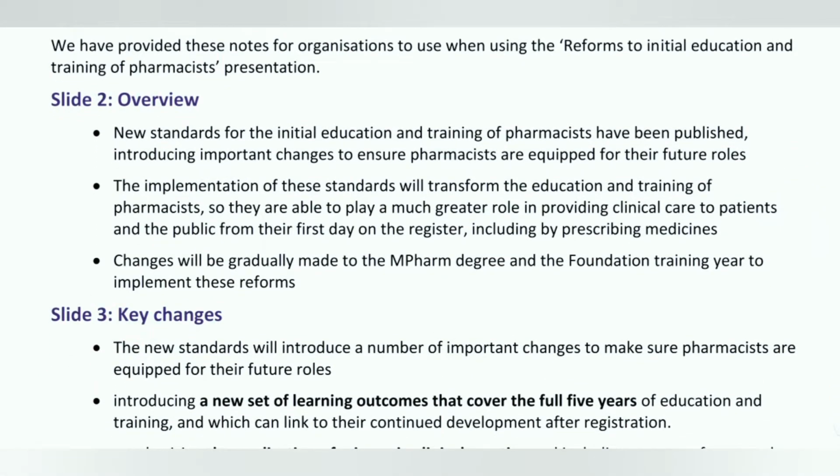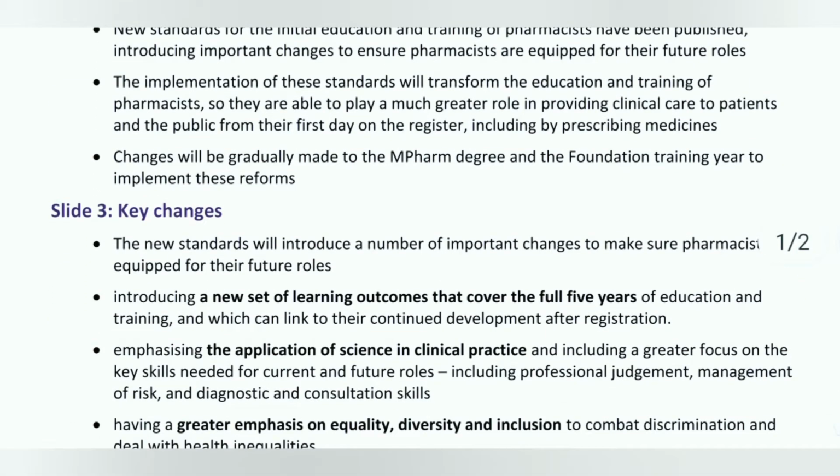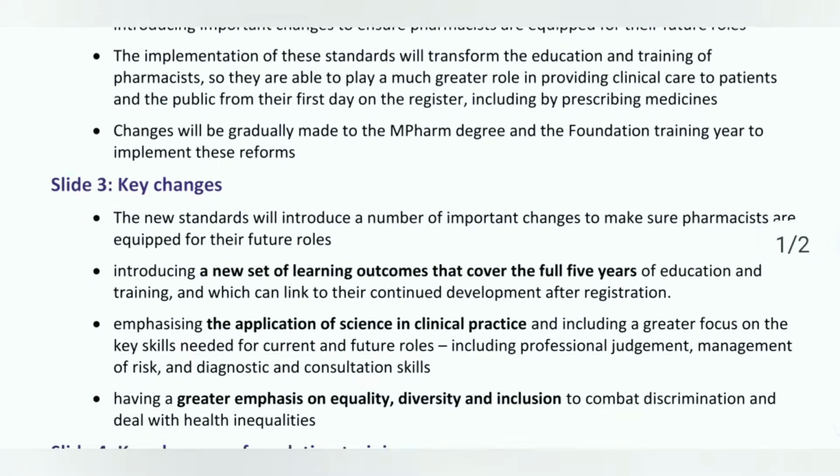The overview is that the new standards for initial education and training of pharmacists have been published, introducing important changes to ensure pharmacists are equipped for future roles. The implementation of the standards will transform education and training so pharmacists can play a much larger role in providing clinical care to patients and the public from the first day of their register, including by prescribing medicines.